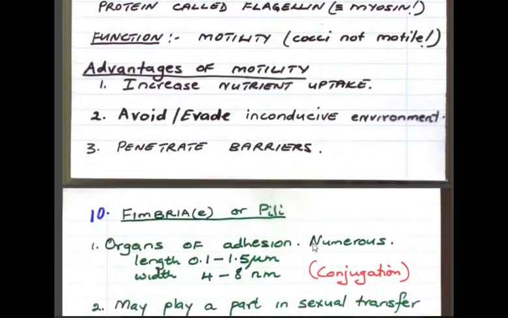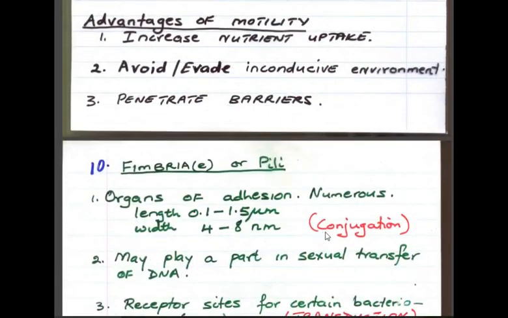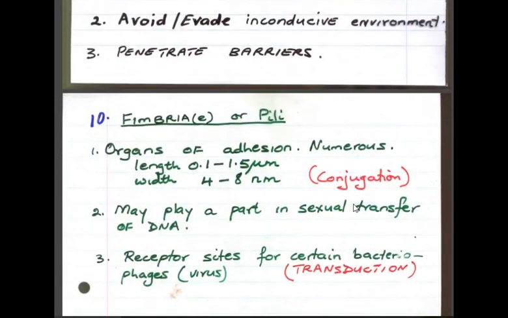Okay. The fimbria or the pili are the organs that are used by the bacterium for adhesion, and at the same time, the bacterium will use the same organ to transfer a nucleic acid during reproduction.